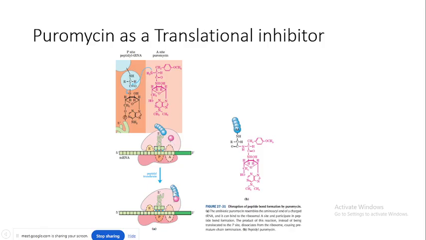So after forming this bond, it becomes the polypeptide chain followed by puromycin in the A site. At the P site, the tRNA will be empty, and that will actually block the further translation process, because now there is no tRNA.